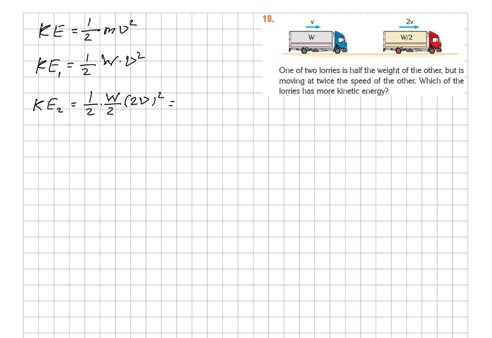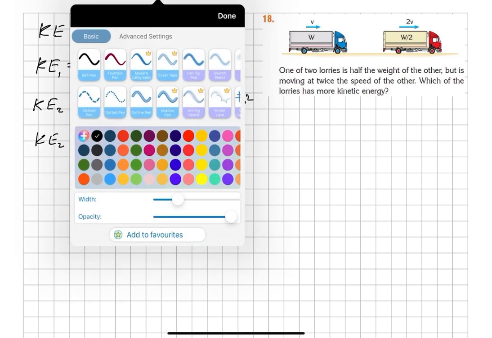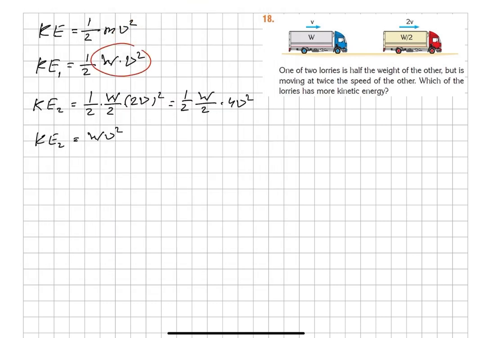So if I open it, it will be 1 over 2 times W over 2 times 4v squared, and kinetic energy 2 will be equal to W v squared. So as you can see, this W v squared is actually equal to kinetic energy 2, the kinetic energy of the second lorry.